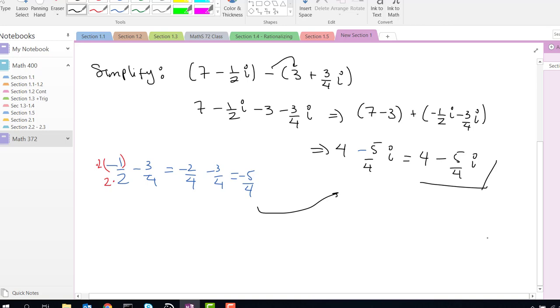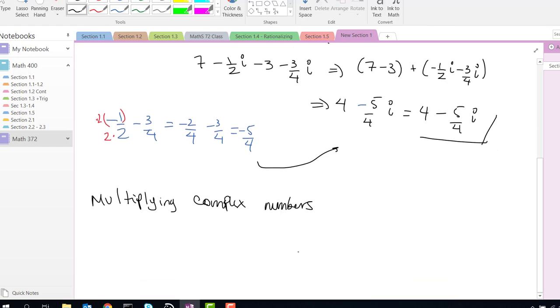So that's just to recap a little bit of what you may have done in the previous videos. So now, how do you multiply complex numbers? Now, one of the things to keep in mind here is that whenever you multiply i times itself, you get i squared.